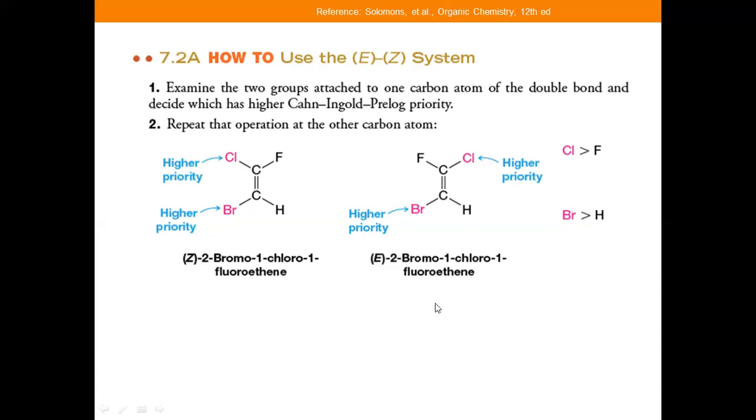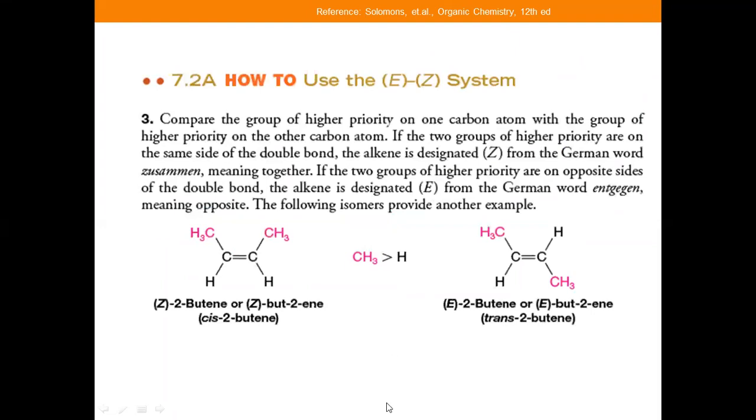So Z and E. Of course, as you already learned, chlorine would have a higher priority than fluorine. So let's say, for example, in this 2-butene, 1, 2, 3, 4.